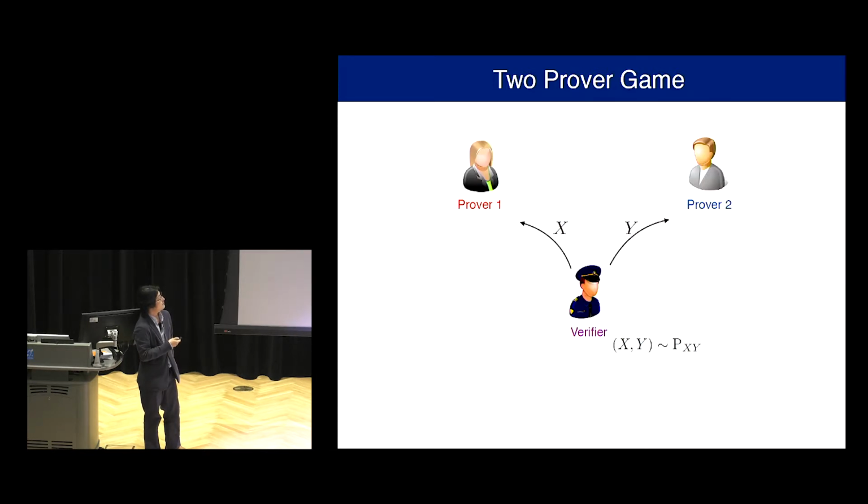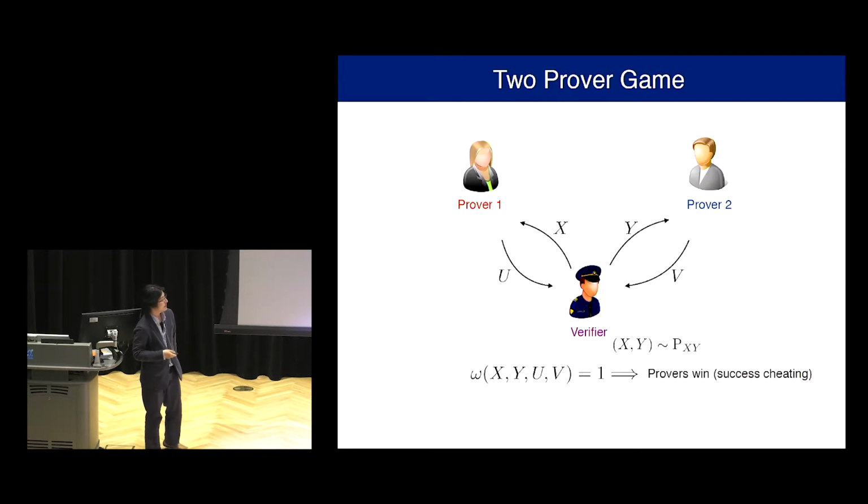And then the provers reply u and v without any communication. Then if the query xy and the reply uv satisfy some condition, the provers win the game. In this kind of game, the provers winning means successful cheating. So the smaller the winning probability is, the better.